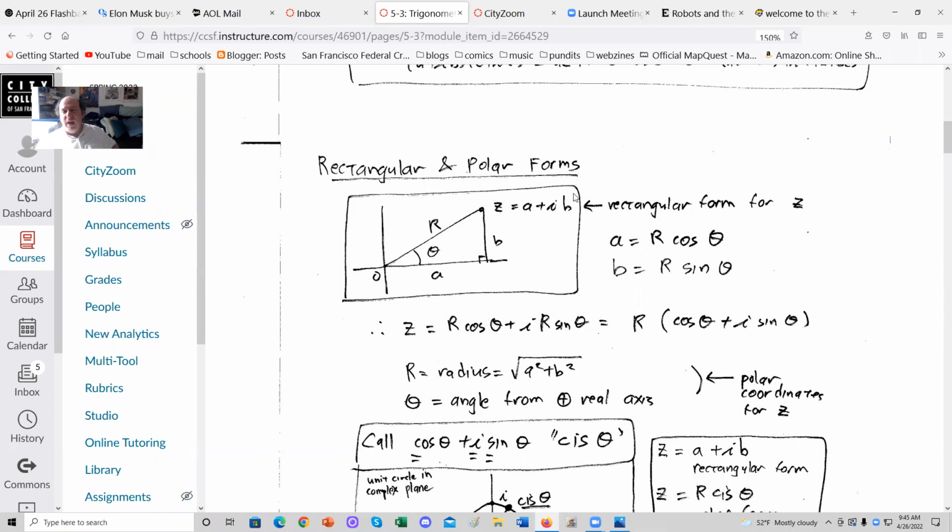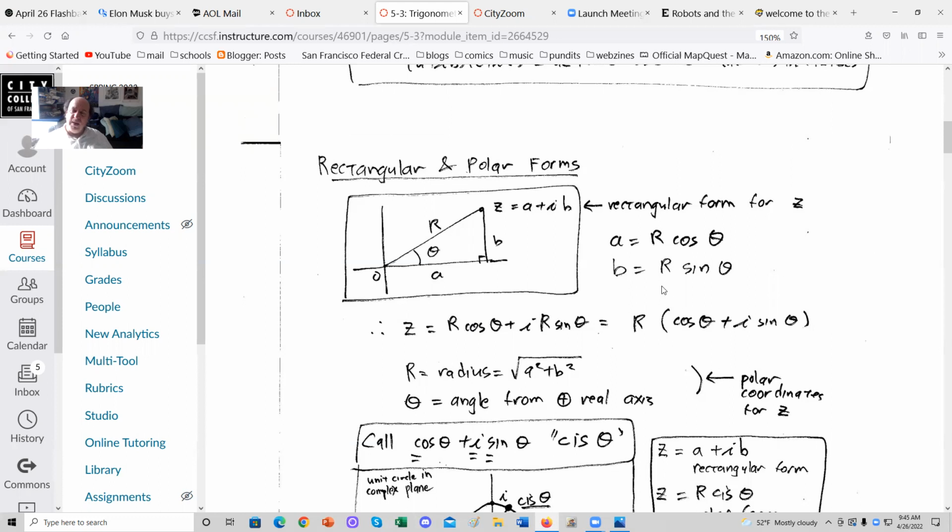Like with polar forms last time, a equals r cos theta and b equals r sine theta. That's just basic right angle trigonometry. And since z equals a plus ib, then z equals r cos theta plus ir sine theta, and lo and behold, a common factor of r factors out. z equals r times cos theta plus i sine theta.